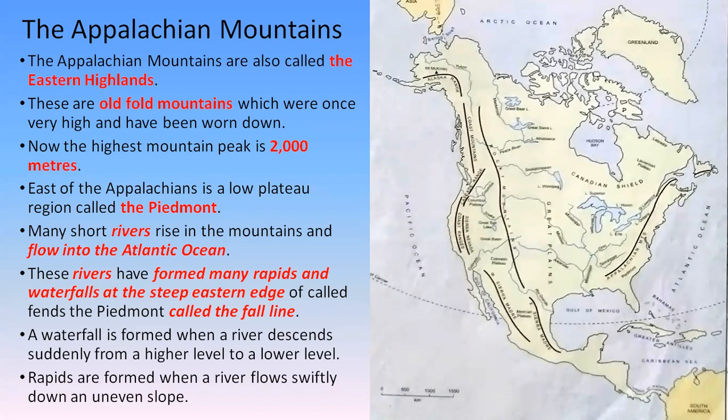These short rivers form rapids and waterfalls over this area. These rivers start from the Appalachians and fall into the Atlantic Ocean. In between, on the steep gap, they form rapids and waterfalls, and this area also got another name, the fall line.